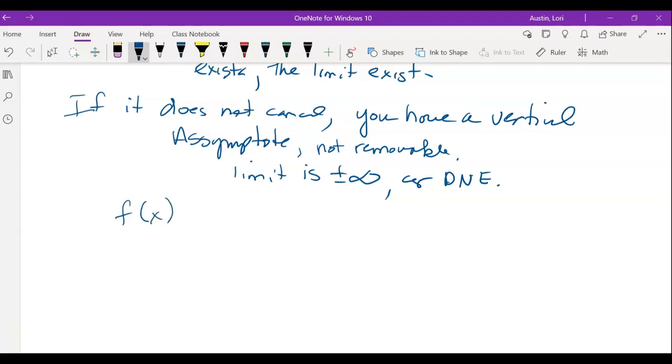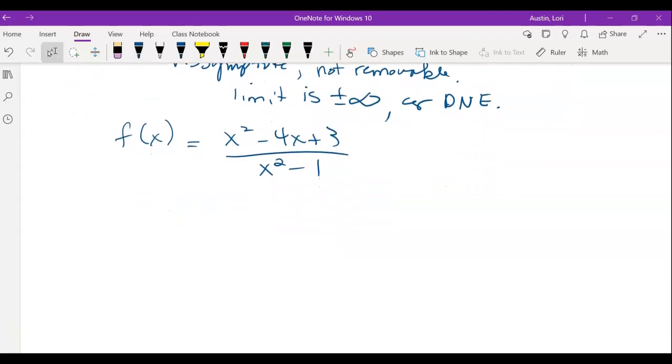f of x equals x squared minus 4x plus 3 over x squared minus 1. And we are going to find a bunch of limits. So here's the limits I want to find. First limit, I want to do as x goes to 0 of f of x.